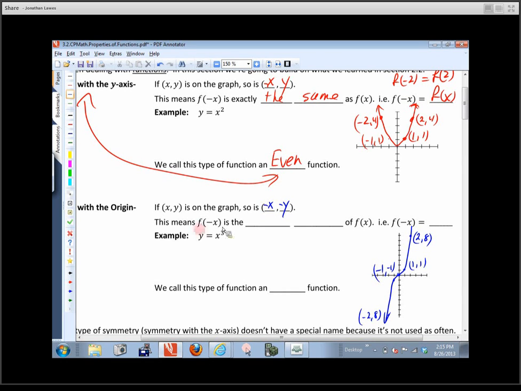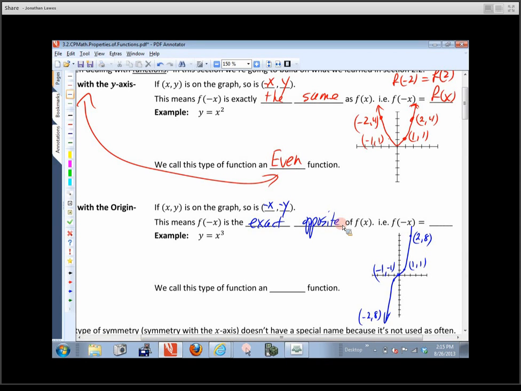And let's see if we can fill this part in. This means that f of negative x is, well, it's not the exact same, it's the exact opposite. So if you were expecting a negative, you'd get a positive, and if you were expecting a positive, you'd get the opposite.